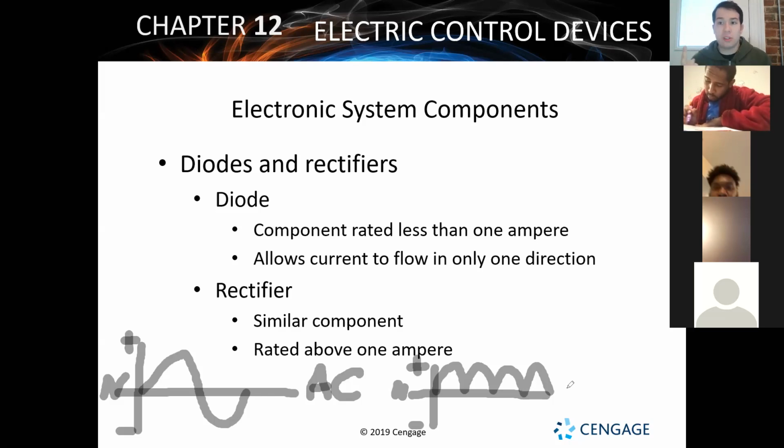Single speed means it's on or it's off. It's either 0% or 100%. That's it. Multi-speed obviously means it's going to have more than one speed. Usually 2 is what most of them started out as, whether that was a 2-speed gas furnace or a 2-speed air conditioner or compressor. That was really common.